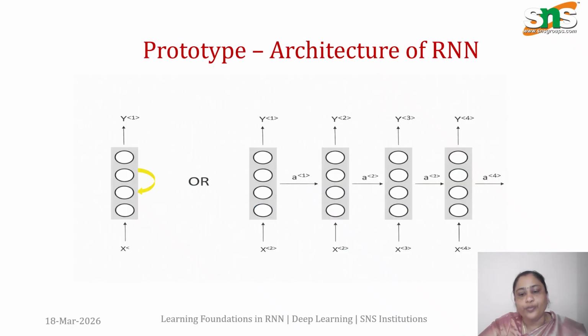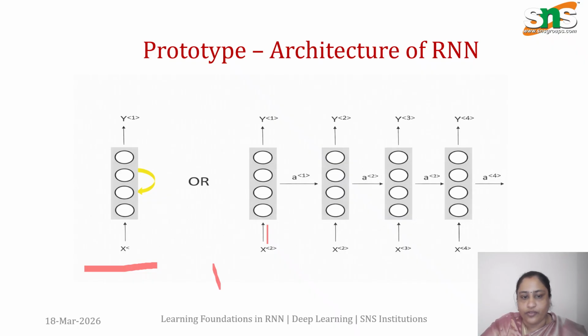As I told you before, this is the working architecture of RNN, the general structure of the architecture. For example, let us consider "the movie is good". The first word will be given as the present input. This loop is nothing but it has been unfolded over many time steps.